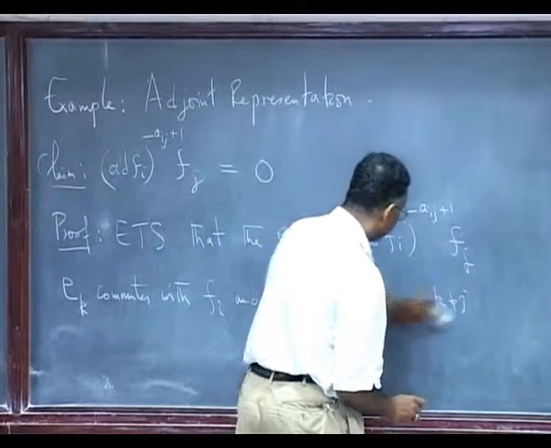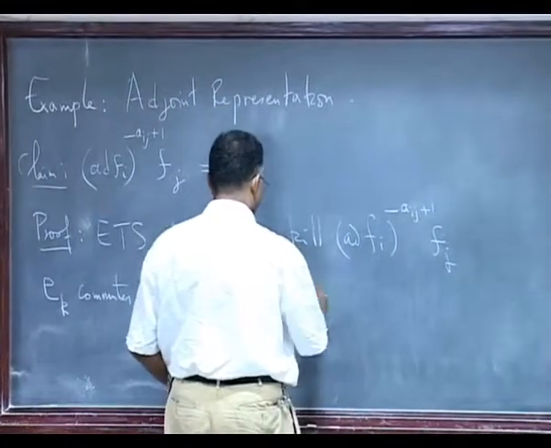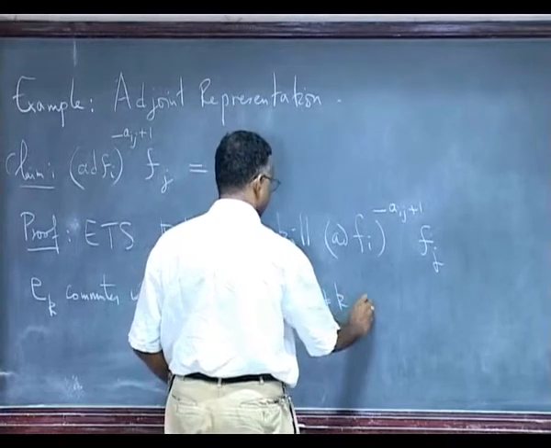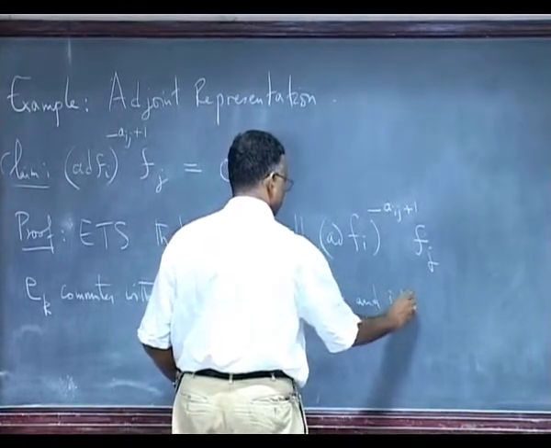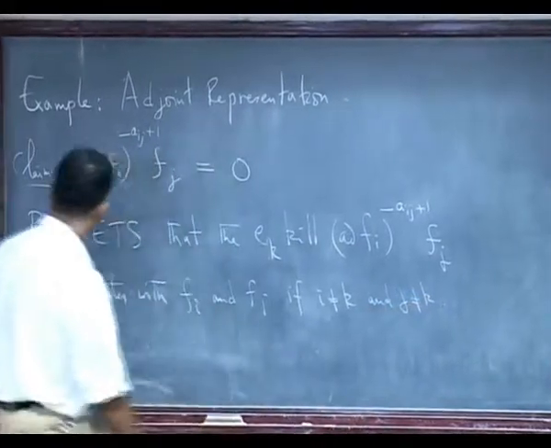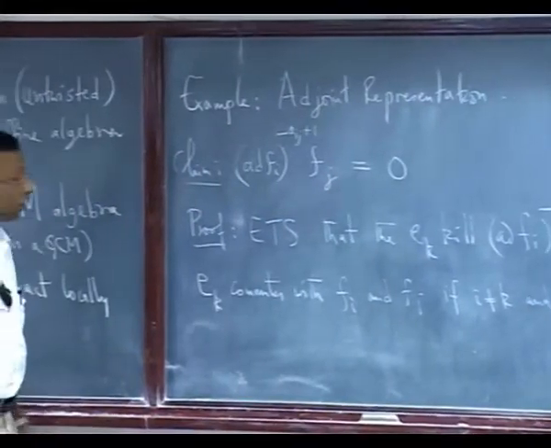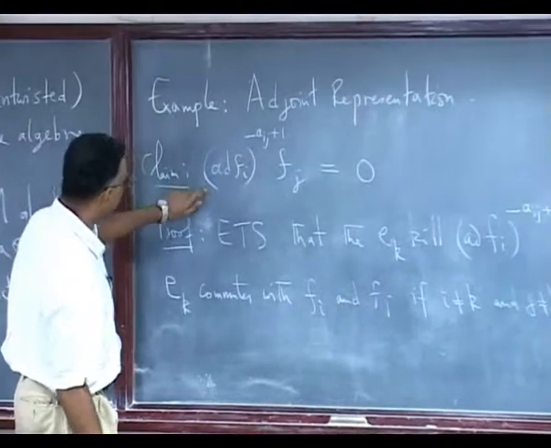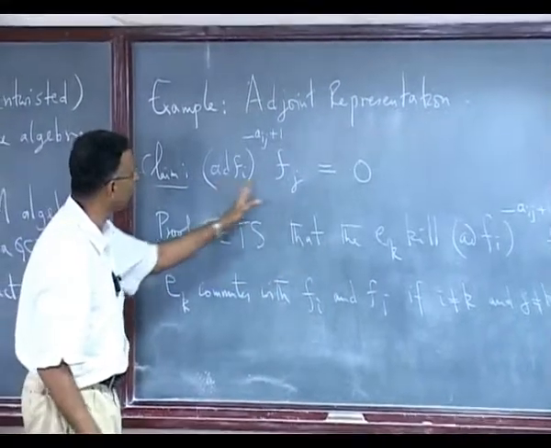Let me write it correctly. If i not equal to k and i not equal to j. Correct? So if I apply Ek there for such a k which is not equal to i, not equal to j.